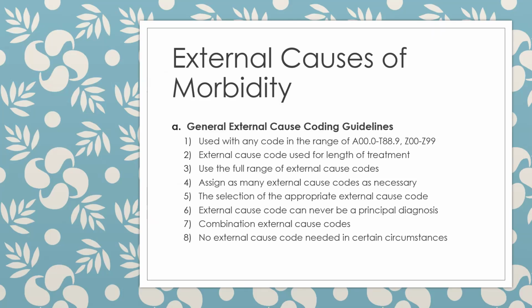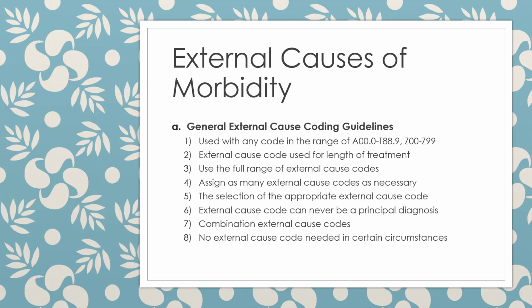Number 3, use the full range of external cause codes. Use the full range of external cause codes to completely describe the cause, the intent, the place of occurrence, and, if applicable, the activity of the patient at the time of the event, and the patient's status for all injuries and other health conditions due to an external cause.